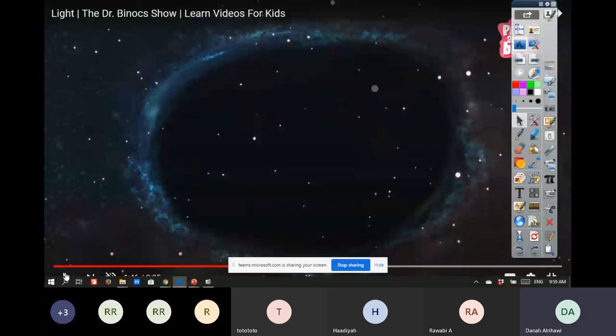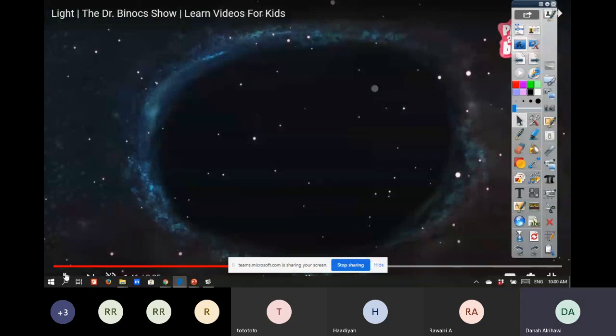It will let some light pass through, but not all of it. So it's in between. So I have three kinds of material: one is transparent, one is opaque, and the last one is translucent.